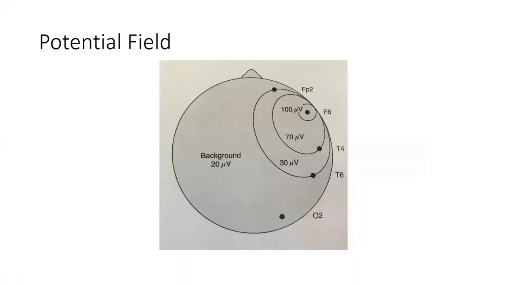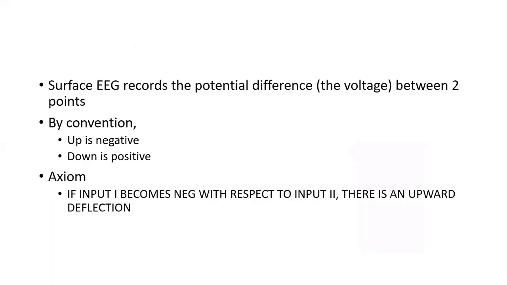And two-dimensionally, you can kind of think of this as a coin being tossed into a pond, and where the coin strikes the water is the point of maximal electronegativity, and it creates a ripple effect that you're looking at.